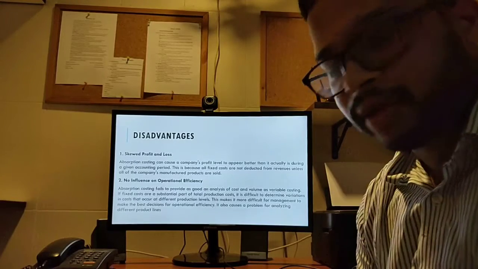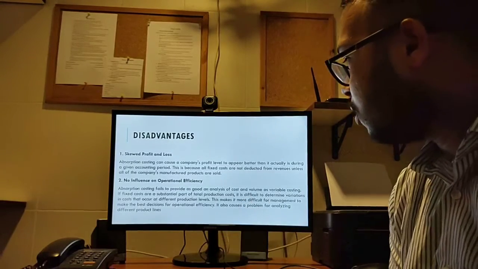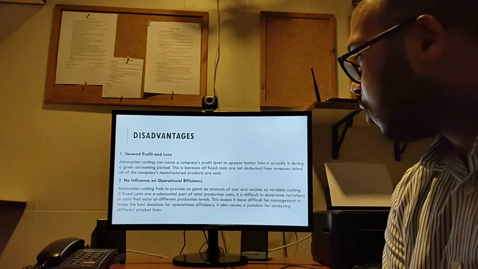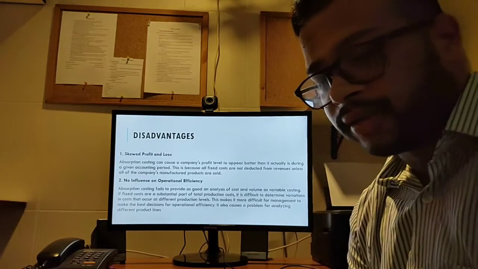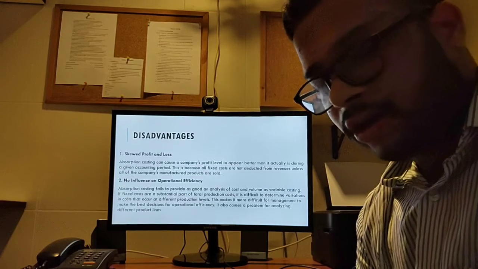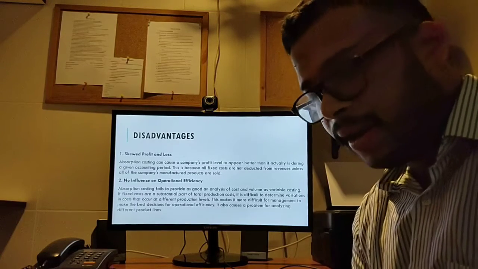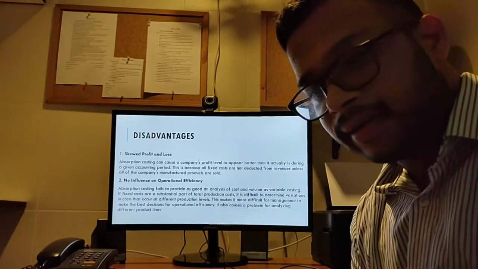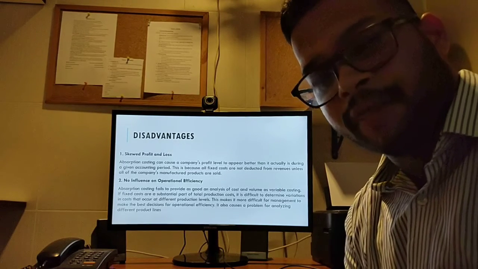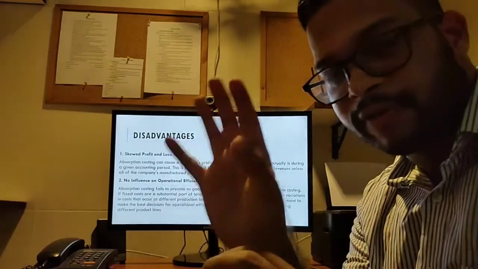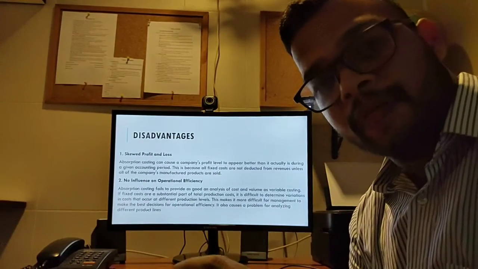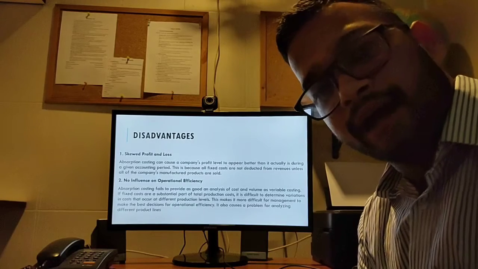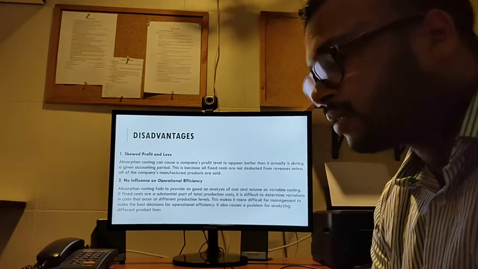So your fixed costs are not taken under your expenses in the profit and loss, because they are included in your cost of production, and until the goods are sold, they are not accounted for. That has an impact on the profit and loss statement, because if your expenses are low and your revenues are high, your net profit begins to increase, and that gives you the impression that your company is earning a high net profit, which may not necessarily be the case in reality.